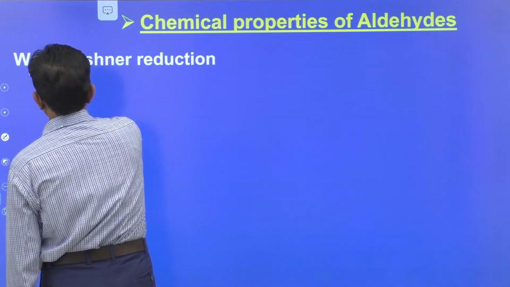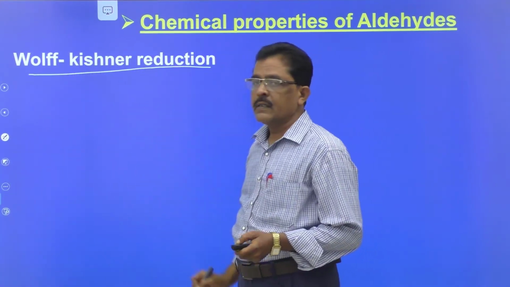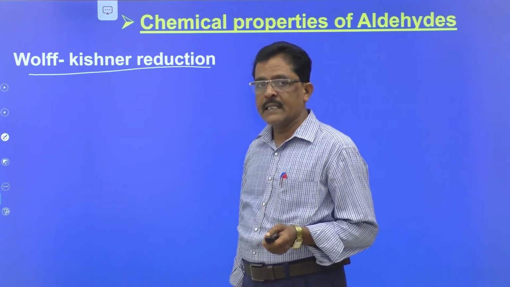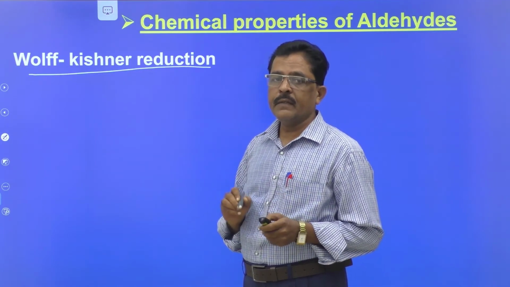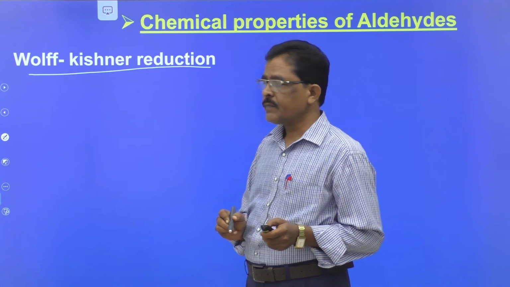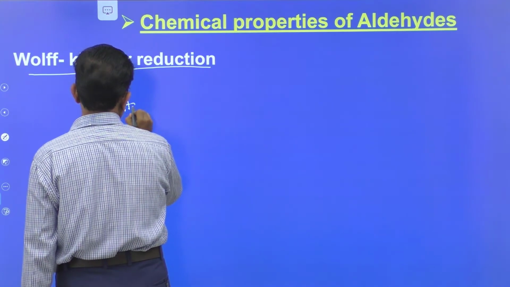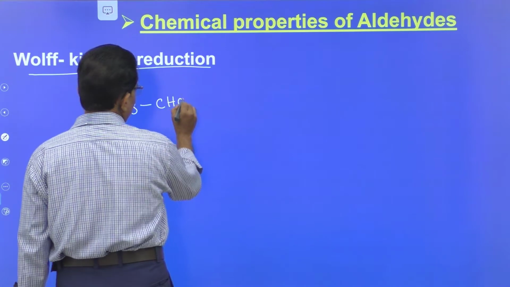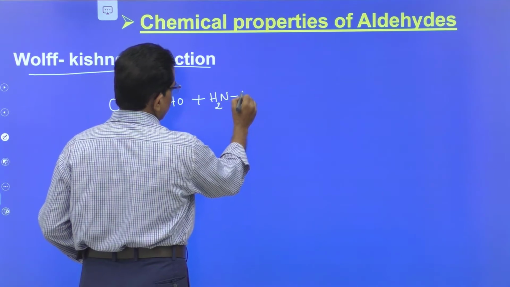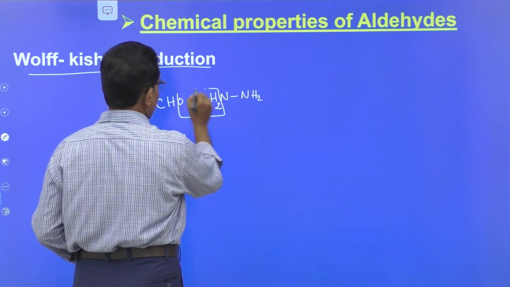Let us go to the Wolff-Kishner reduction. Wolff-Kishner reduction is also a reduction reaction. In this reaction, aldehydes are treated with hydrazine. I take an aldehyde, acetaldehyde, CH3CHO, plus hydrazine, NH2NH2. H2O goes out.